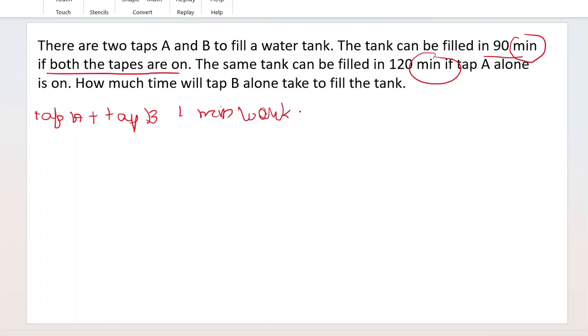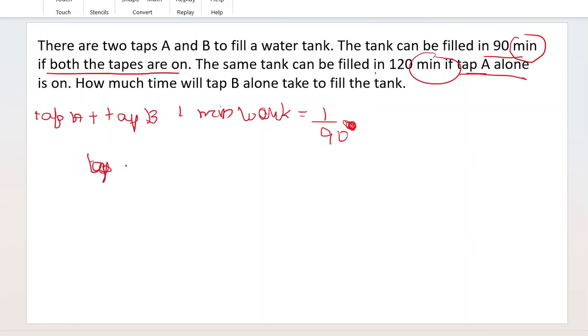So we take 1 minute work, since it is 90 minutes, we write it as 1 by 90. Now why do we write it as 1 by 90? It is said the tank can be filled in 90 minutes if both taps are on. Since it is both, we write it as tap A plus tap B's 1 minute work, and we take the reciprocal of this. Similarly we have been told the same tank can be filled in 120 minutes if tap A alone is on.